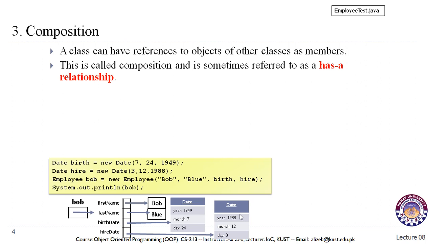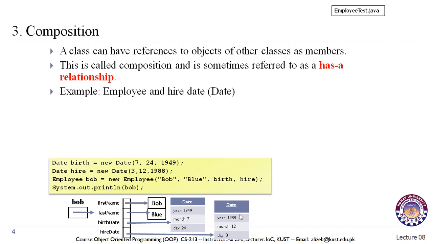Now if we need to put the date in the hire date of the employee or for the birth date of the employee, either we'll need to declare three variables, that is day, month, and year variable for the hire date, and we will need to declare the same number of variables for the birth date as well to show the record of the employee's hire date and birth date, and we'll need to provide the values for these variables each time we create the object for the employee class.